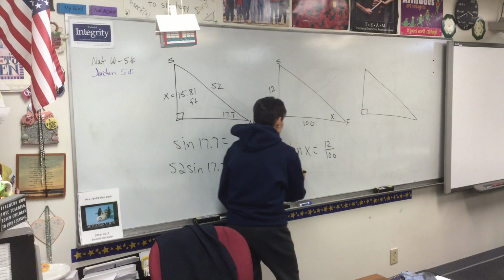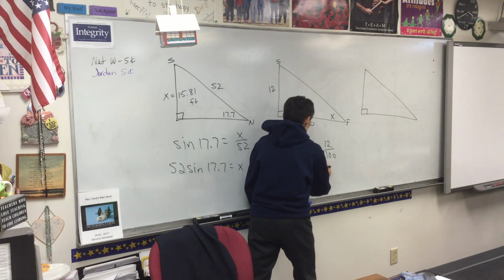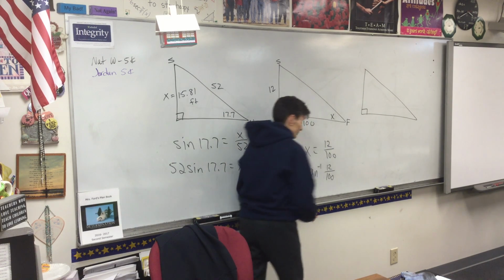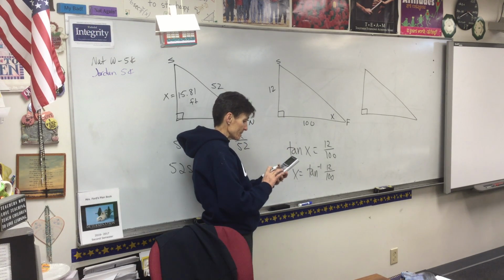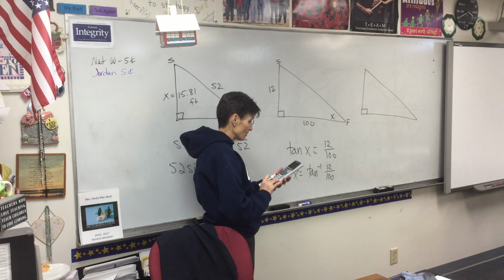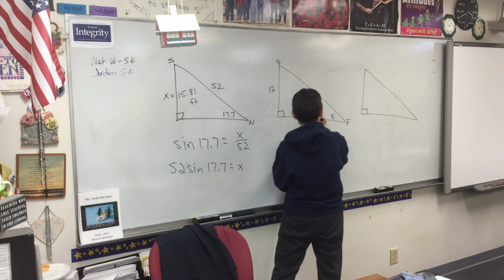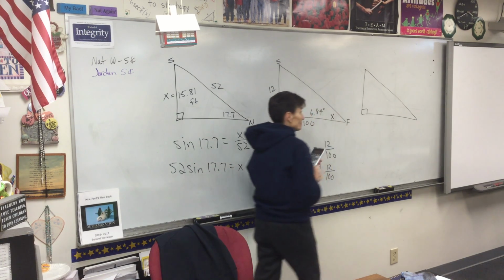Which means X is going to be second tan, 12 over 100. So second tan, 12 divided by 100. That angle is 6.84 degrees.